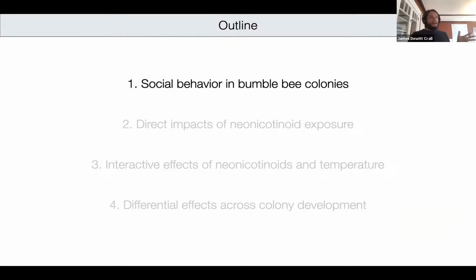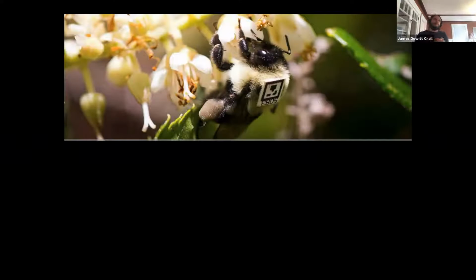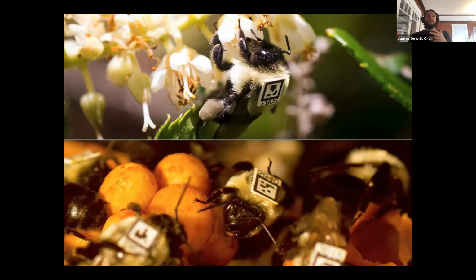Okay, so with that in mind, now I want to shift gears to focus on how exposure to neonicotinoids in particular affects these behaviors. I would say there's a relatively better understanding of how low levels of exposure impact behaviors like foraging outside of the nest, and things like navigation and the ability to gather resources and bring them back to the colony.